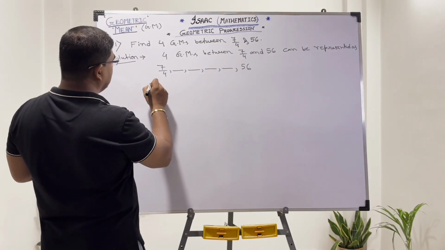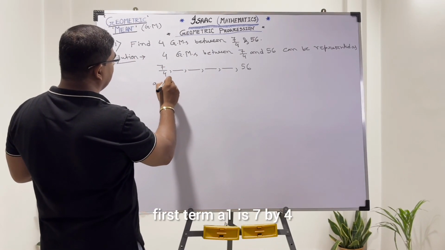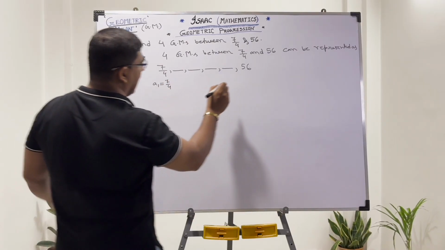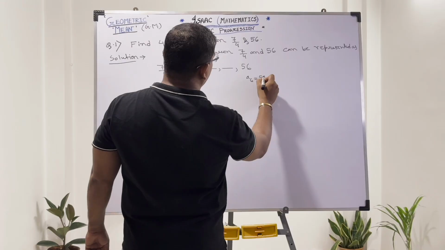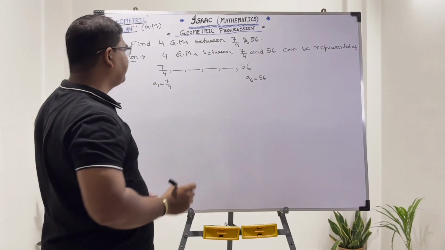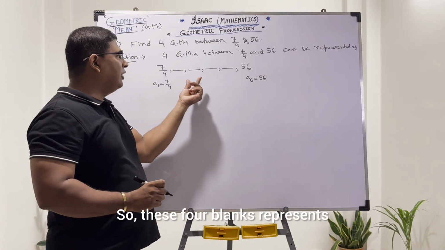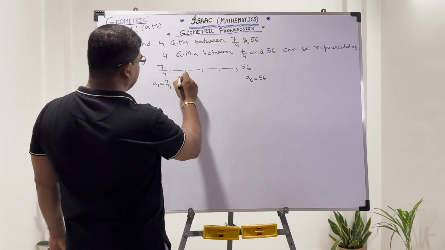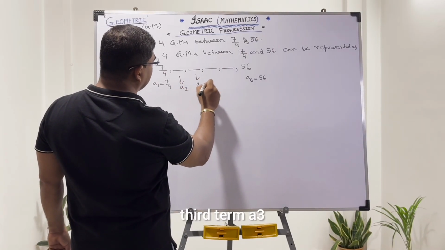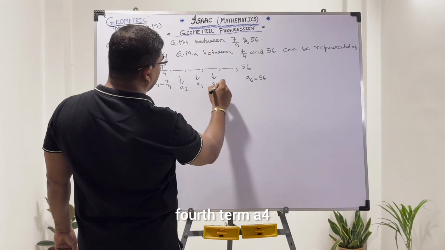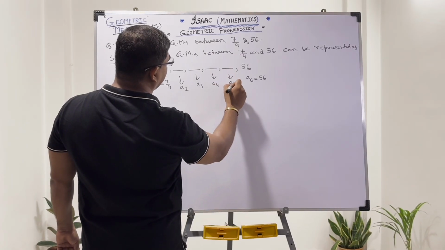So here first term A1 is 7 by 4 and sixth term A6 is 56. Okay. So these four blanks represent second term A2, third term A3, fourth term A4, fifth term A5.